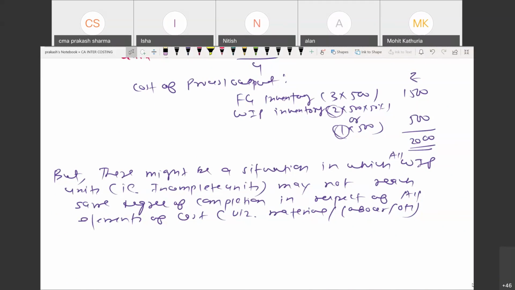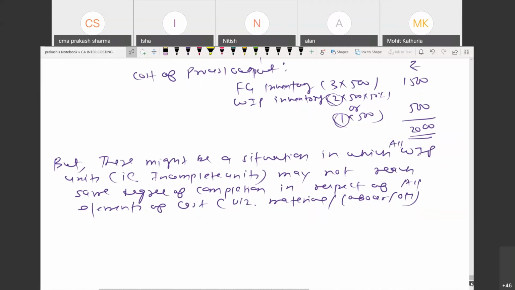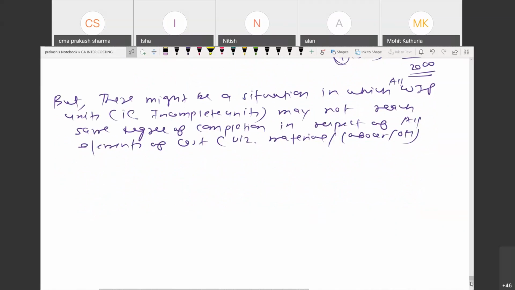Why does it happen, sir? ऐसा क्यों होता है? The degree of completion may vary for each element of cost. Let me give you one example first, and then I will explain the reasons behind having different degrees of completion for different elements of cost.